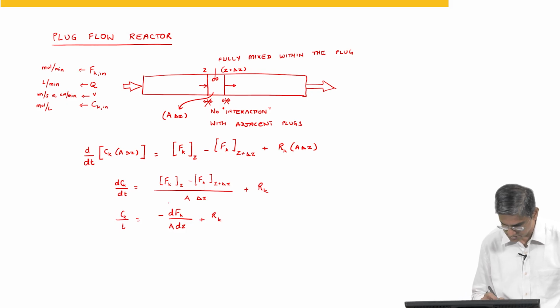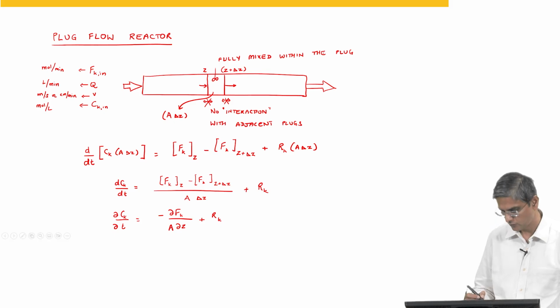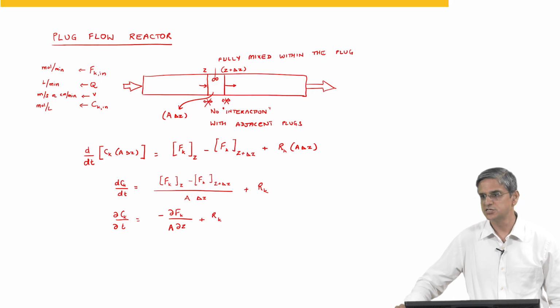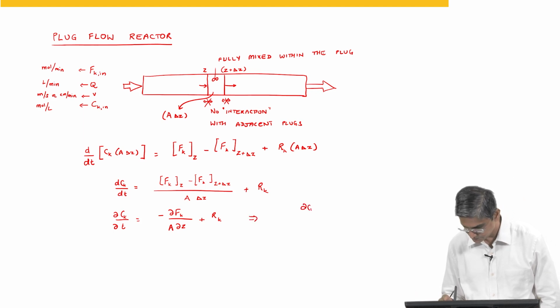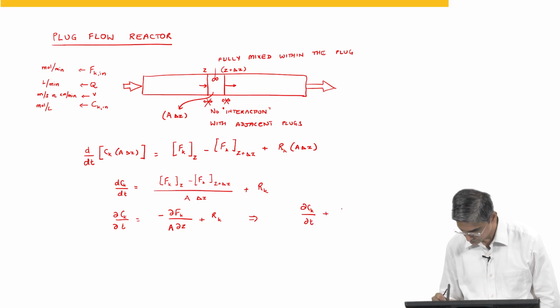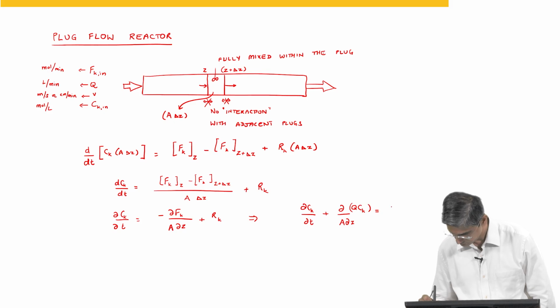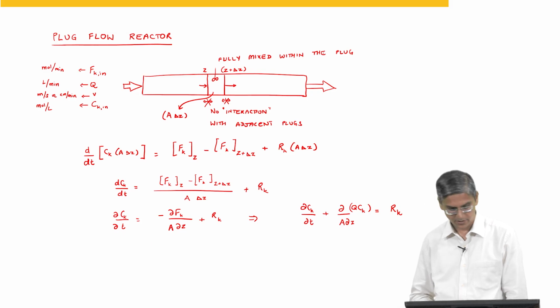Of course, these d's are not d's, but these are going to be partials, because we have taken the limit as delta Z tends to 0 holding t as constant. Okay, or we can rewrite this as Rk.